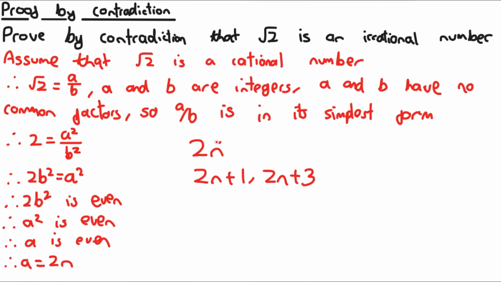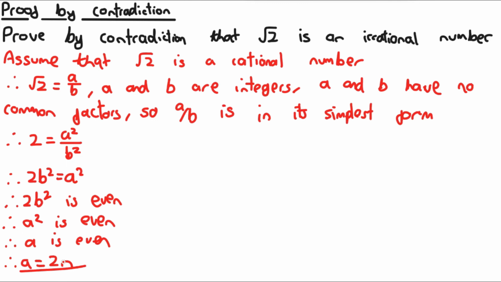This is because n is any integer, and no matter what integer n is, if you times it by 2 it is going to become even. So 1, 2, 3 if you times by 2 is going to become 2, 4, 6. It's always going to be even. And this is the same for the odd numbers here. This is just a technique that you might need to remember.